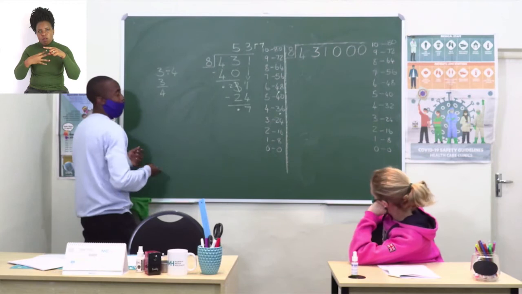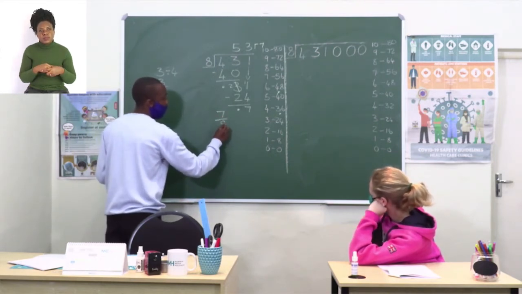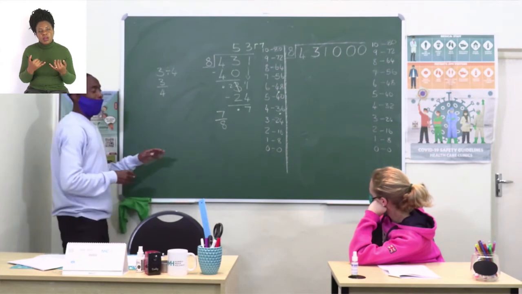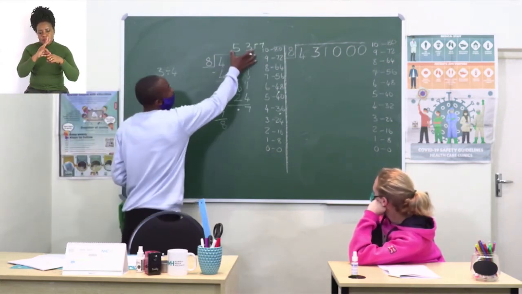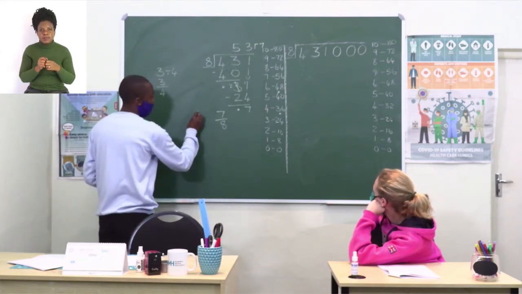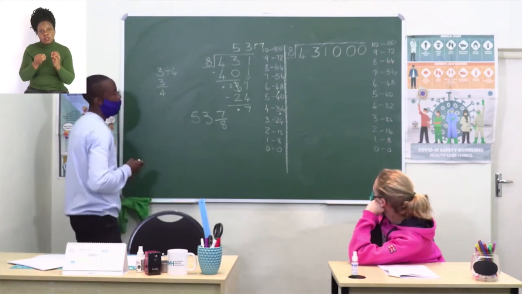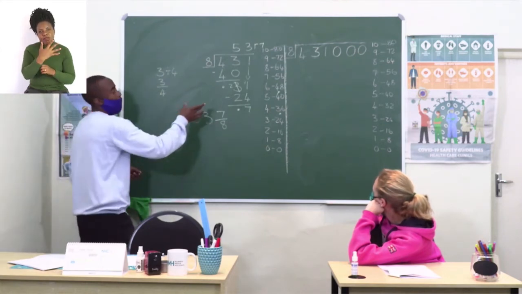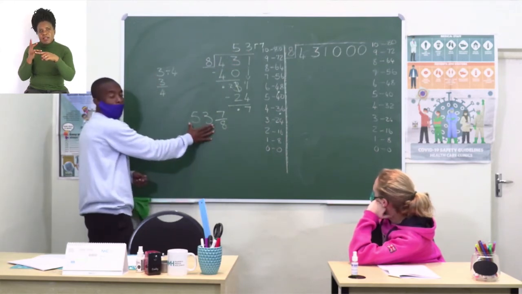So how will it look like? It will look like this. 7 divided by 8. But you don't leave it there. Why? Because you cannot forget your wholes. So then I will write 53. So, in other words, my whole number stays the same.